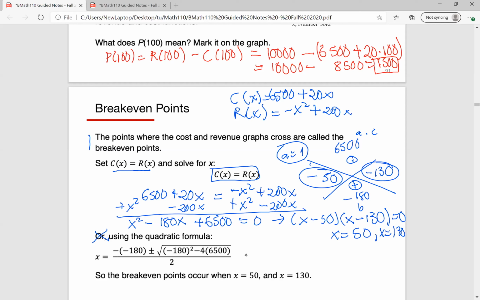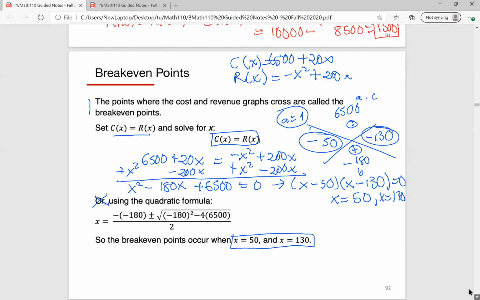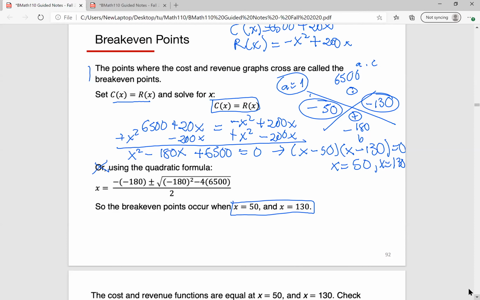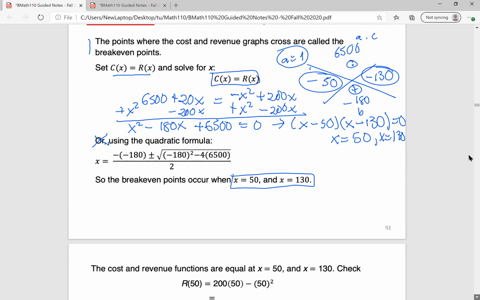So then you also will have the same answer, x equal to 50 and x equal to 130, but you have to do it carefully. So then these two break-even points are 50 and 130.